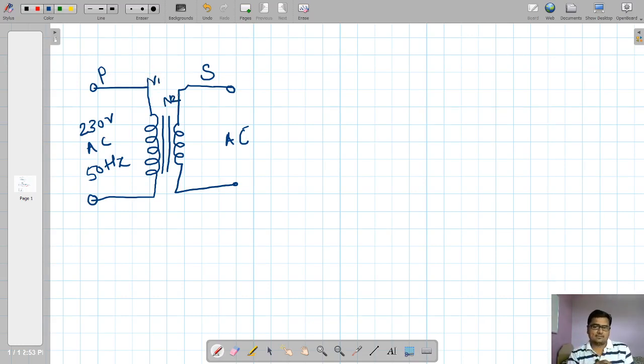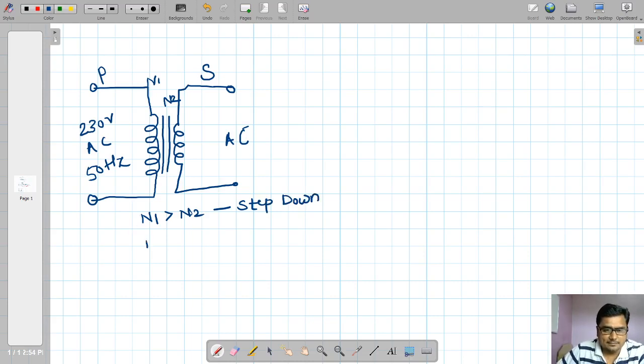Now whether the transformer is step up or step down depends upon the number of turns in primary and number of turns in secondary. If the number of turns in primary, that is N1, is greater than N2, or N2 is less than N1, then it is a step down transformer.